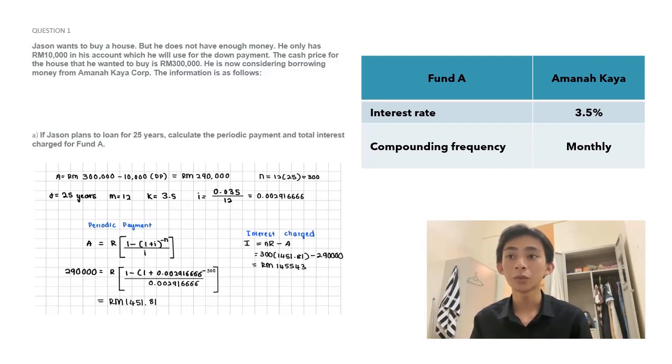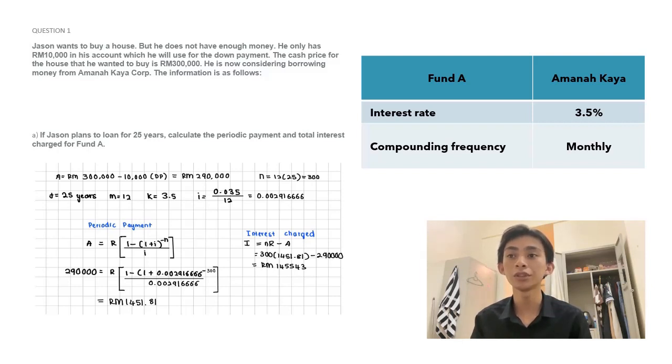For the periodic payment, we use the formula A equals R open bracket 1 minus (1 plus I) power negative n, over I, close bracket.